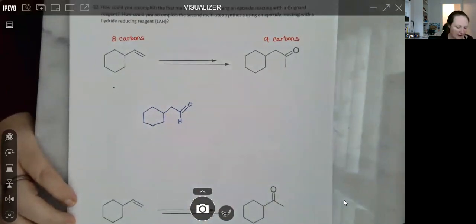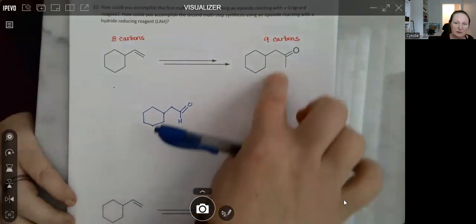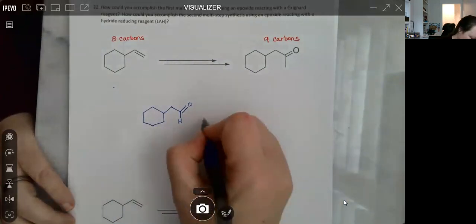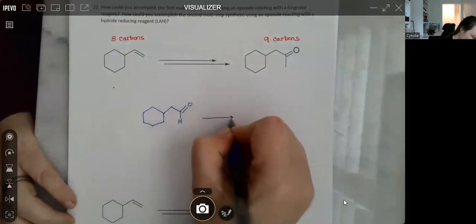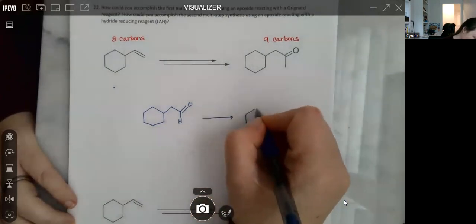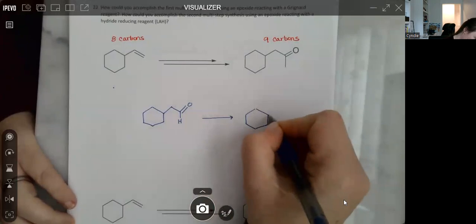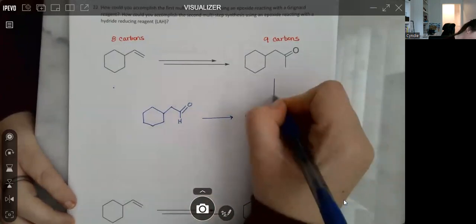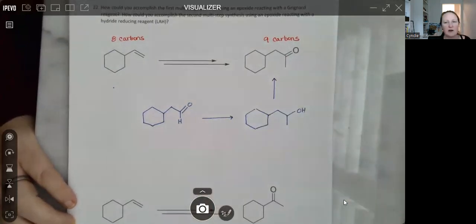So I know if I have this aldehyde, I can do a 2-step sequence to get to a ketone. The 2-step sequence will involve a Grignard, which will form a secondary alcohol, followed by an oxidation of the secondary alcohol to form a ketone, right?